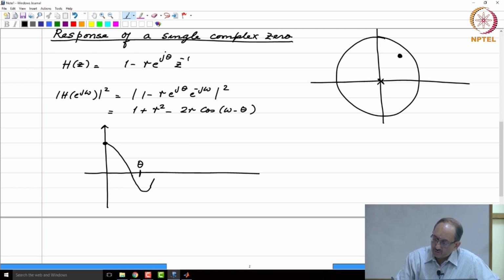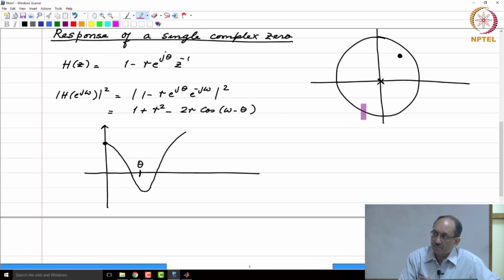When you go past the zero, the response is going to increase, and then when you are exactly at the opposite frequency value compared to the location of the zero, that is when omega equals, what value will this be a maximum?